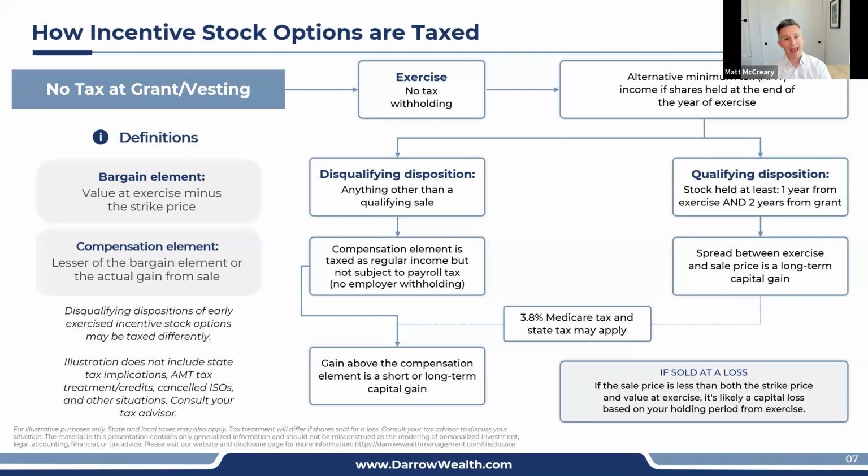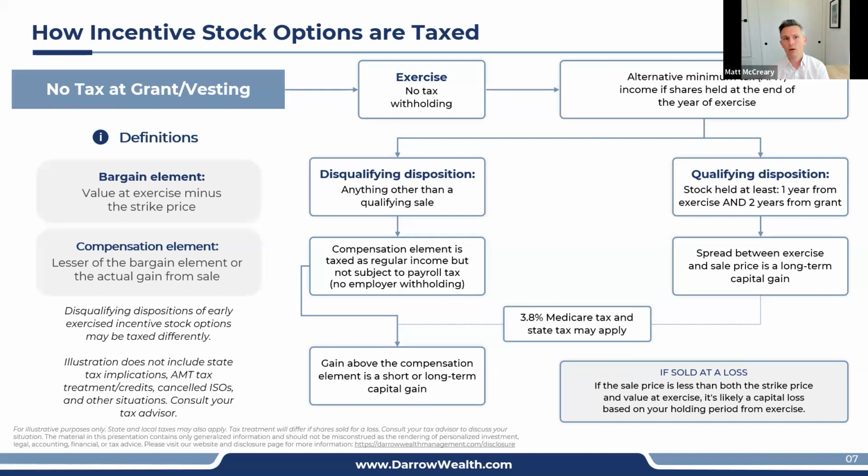What ends up happening here is that you will owe taxes, but they will not be withheld in payroll tax. So it will count as ordinary income. The way that tax is calculated is going to be the compensation element, which includes the bargain element, which is the value at exercise less the strike price.